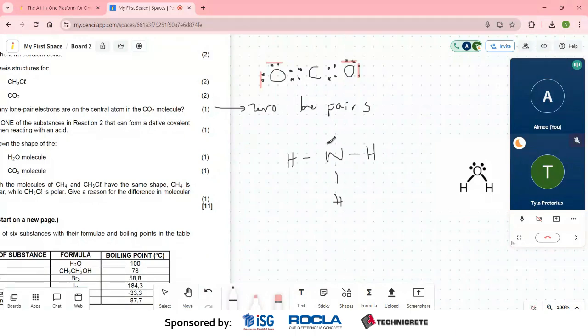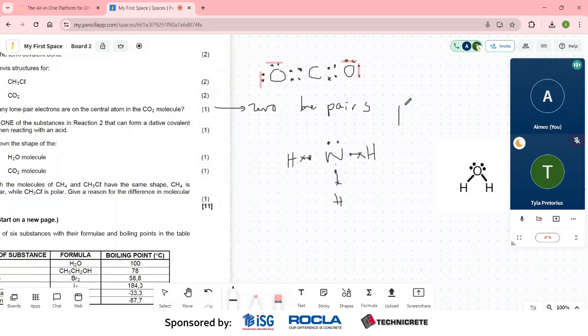So nitrogen has a lone pair over here at the top with 2 of its electrons, and the rest of these bonds are formed with 1 electron from nitrogen and 1 electron from hydrogen. Okay, but both of these electrons form a lone pair on the nitrogen, and both of them belong to nitrogen.